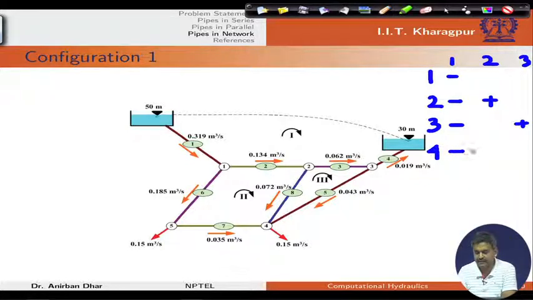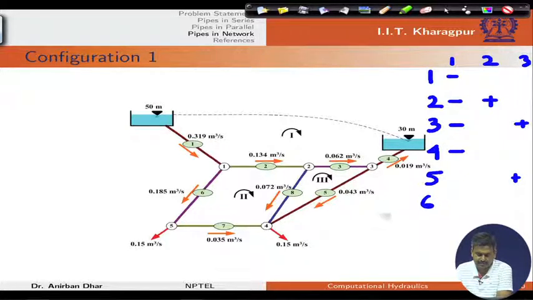So, it is negative again. This is pipe number 5. Pipe number 5 is connected to loop number 3 and it is positive.